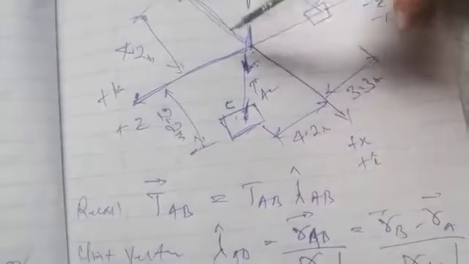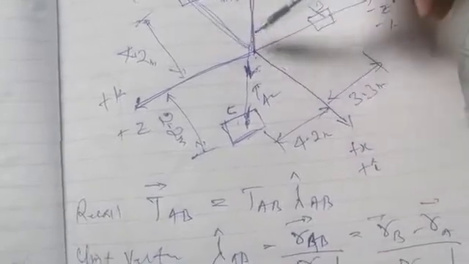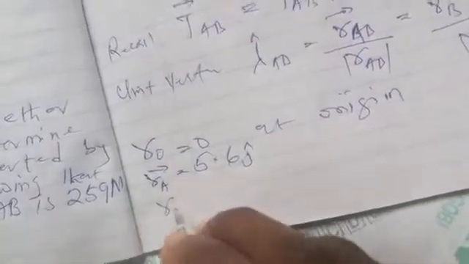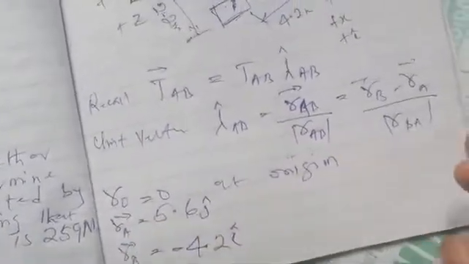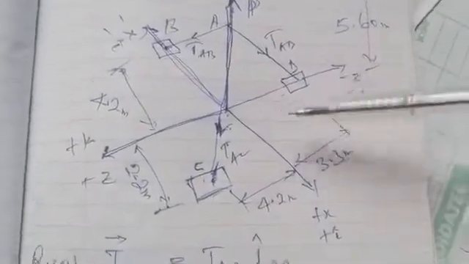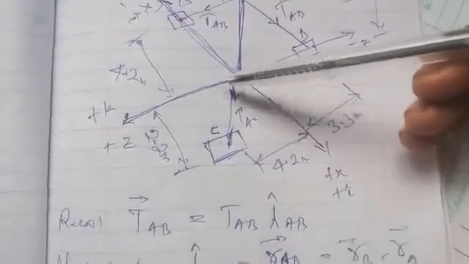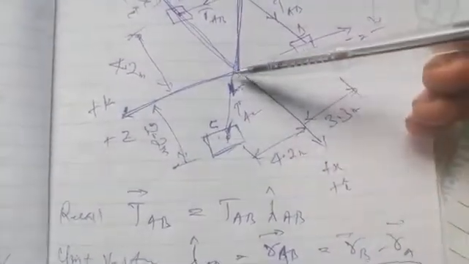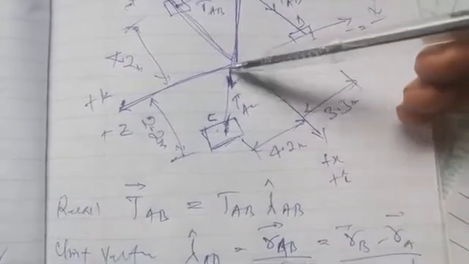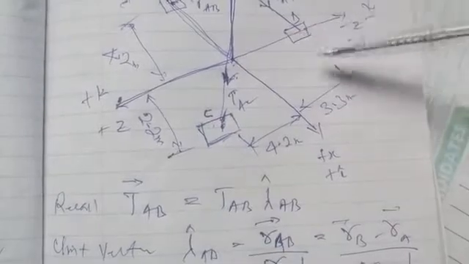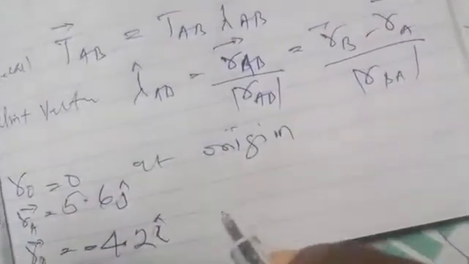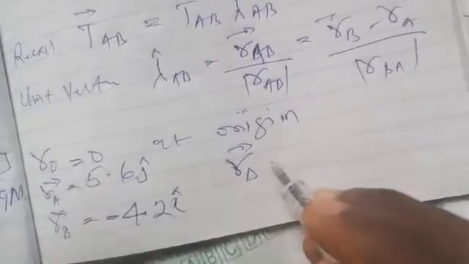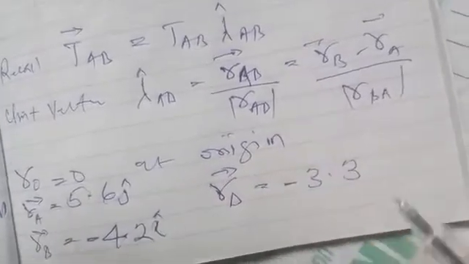I'm covering a distance of 4.2 to get to point B. Since I'm moving backwards and X is I, RB is minus 4.2 I. We also have point D. From the origin, positive Z axis is K, and point D is backwards, covering a distance of 3.3 in the negative K direction. So RD is minus 3.3 K.